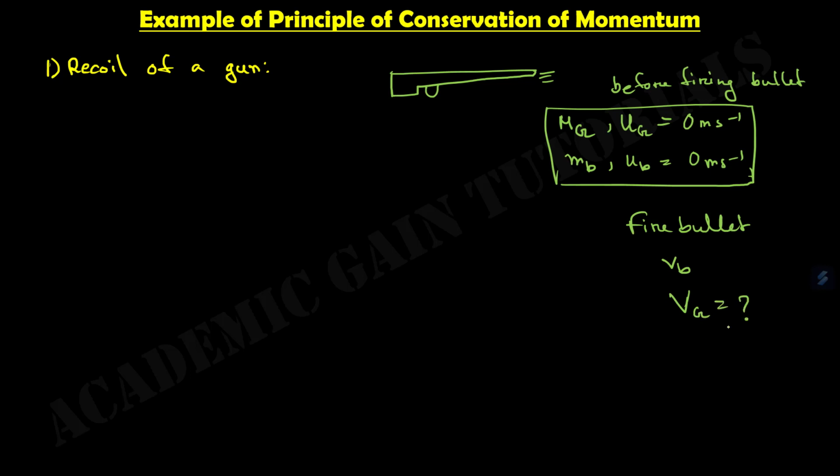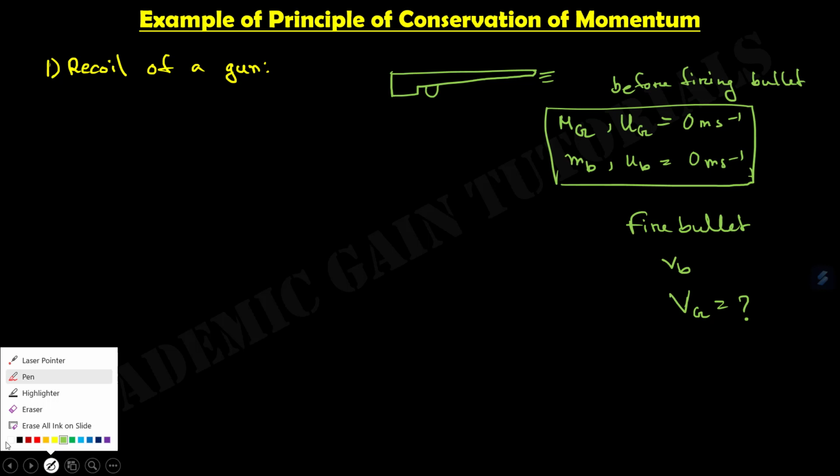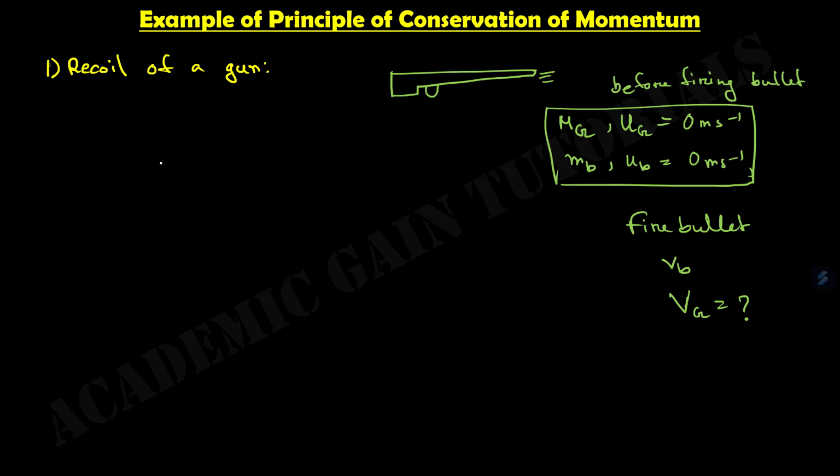So what will be the final velocity of the gun when a bullet is fired from the gun with the velocity of v of b? We know, with the help of the conservation of momentum law, m1 u1 plus m2 u2 equals m1 v1 plus m2 v2. That means the total momentum before collision equals the total momentum after collision.